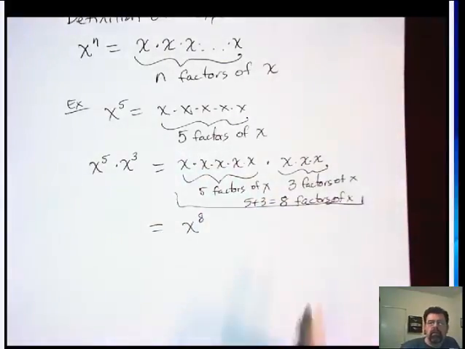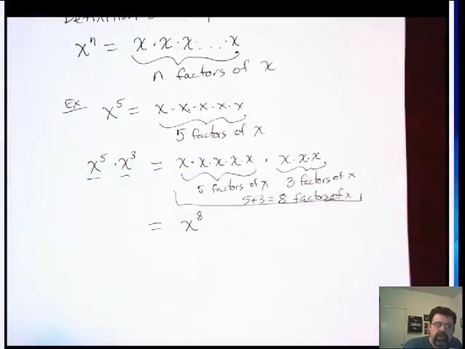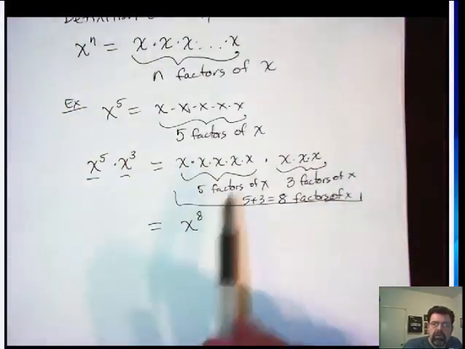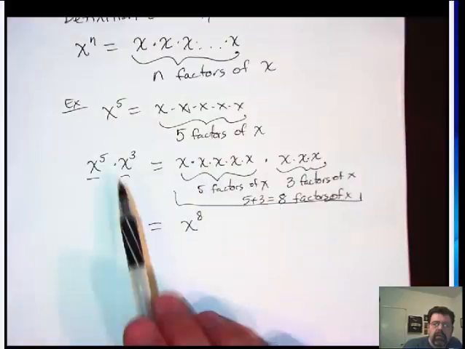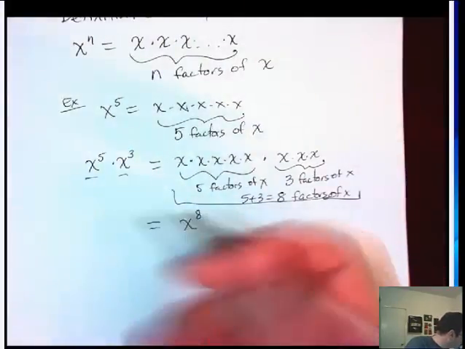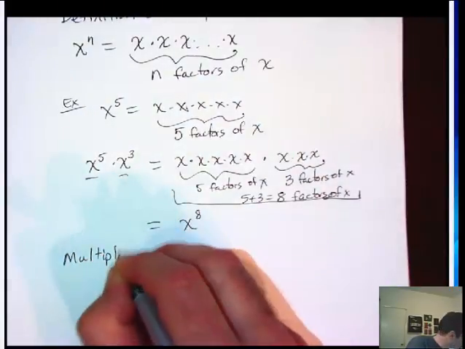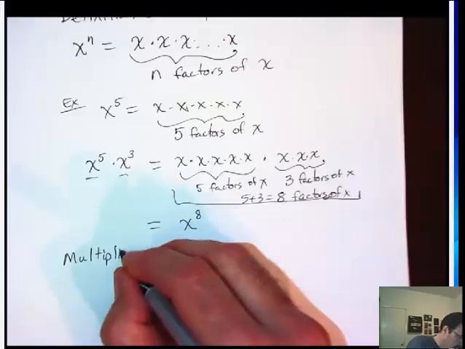So again, if we see this process where we're multiplying with the same base, a shortcut instead of going through this process here is you're just going to add the exponents. So we make that our first property: multiplying with like bases.